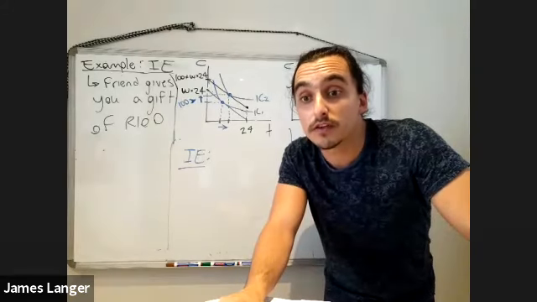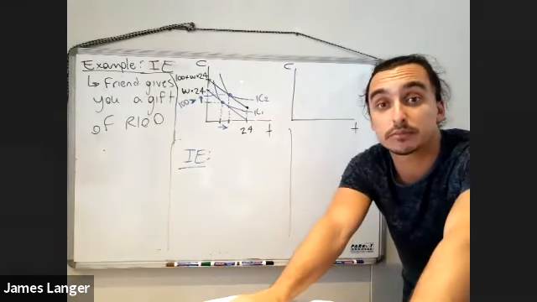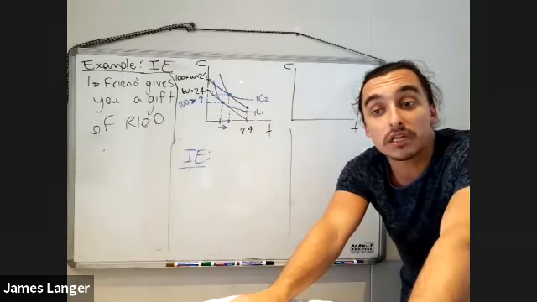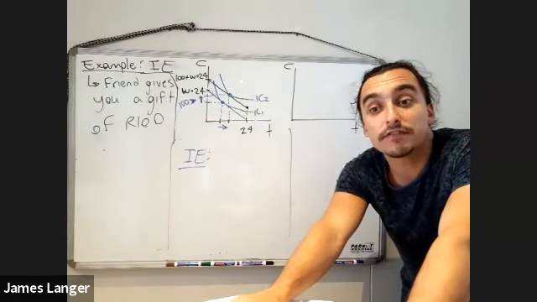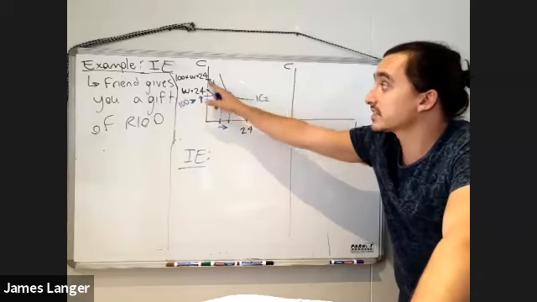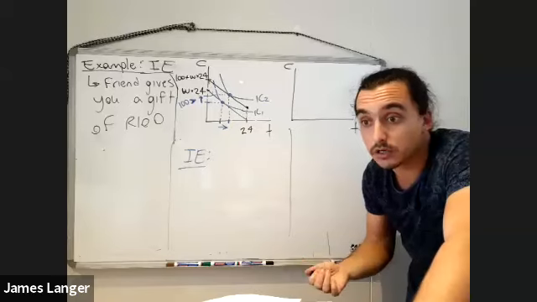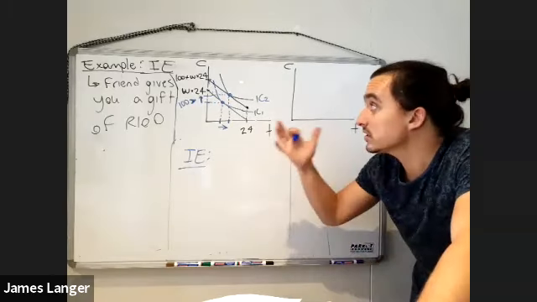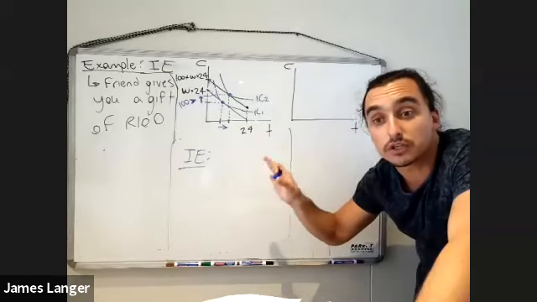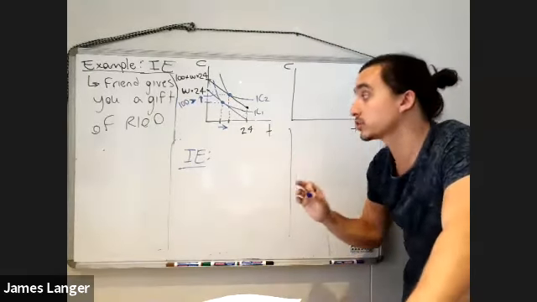Okay. The reason that there's been no substitution effect is because, what was the point? What happened in my substitution effect? We said there was a change in the opportunity cost. But guys, what defines your opportunity cost? It's the slope of this line. The slope of the line tells you your opportunity cost. So we don't have to look for a substitution effect, because there's been no change in the opportunity cost.